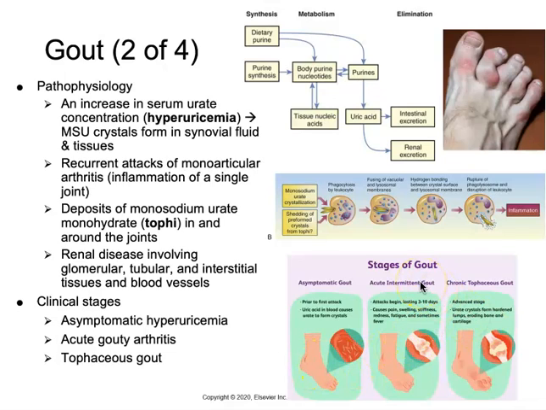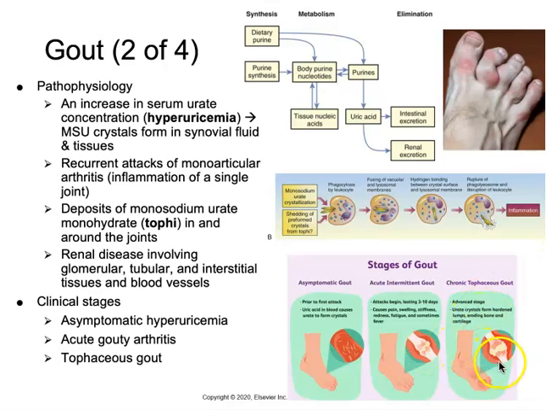In our second stage here, we have acute gouty arthritis, and this is when the attacks develop with increased serum urate concentrations, and it tends to occur with sudden or sustained increase in hyperuricemia, but can also be triggered by trauma, drugs, and alcohol.